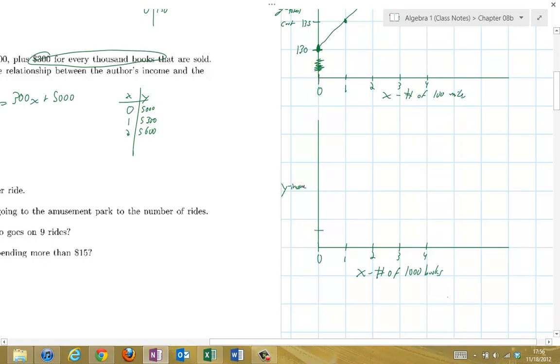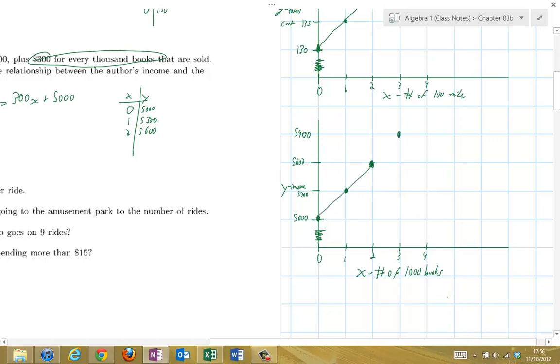I'm going to put a little break here, and start at our basic income point, 5,000, then 5,300, 5,600, and 5,900. The pattern is that they're increasing by 300s, which should make sense.